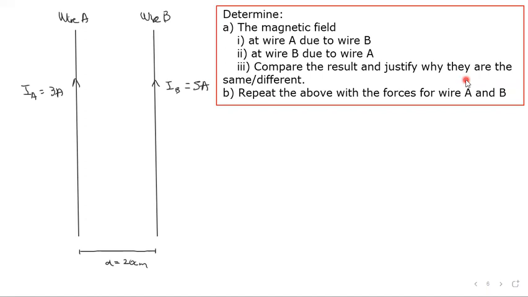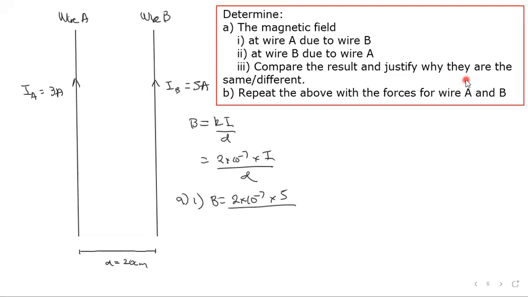Okay. So we know the magnetic field is calculated using K I over D, where of course K is 2 times 10 to the negative 7. So the magnetic field at YA due to YB would just be subbing in 2 times 10 to the negative 7 times I, which is 5, over D, which is 0.2.